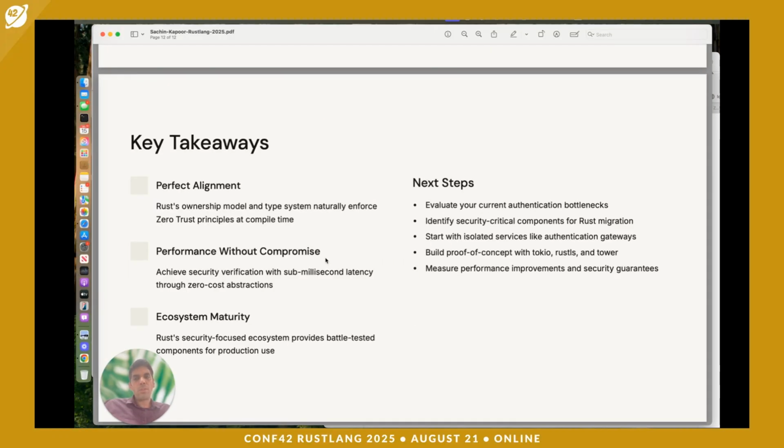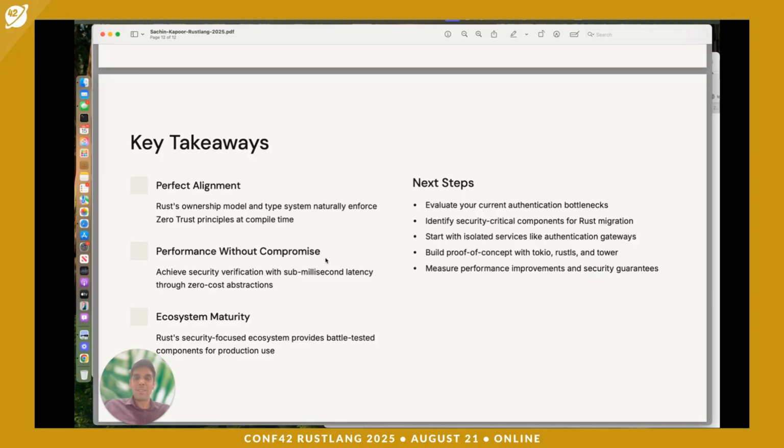Let's talk about some of the key takeaways from my presentation before we close. Rust brings a lot to the table when it comes to building security-sensitive workloads critical for zero trust. First, compile time enforcement is a superpower when it comes to security assurances. Second, you don't need to compromise on performance.